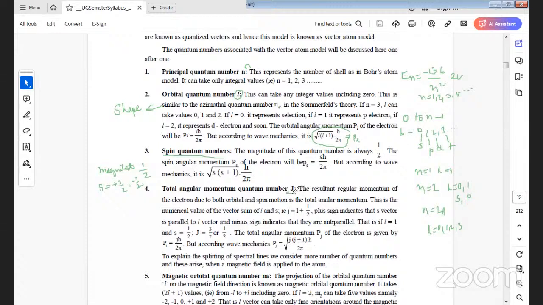This quantum number represents the resultant angular momentum of the electron due to both orbital and spin motion. As we said, the electron has an orbital motion as well as a spin motion.